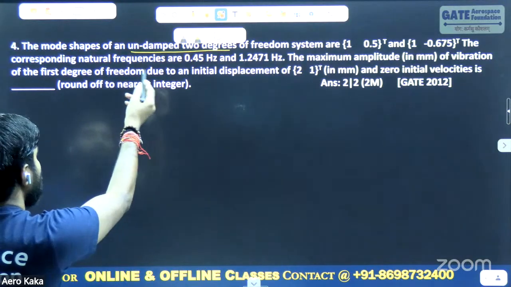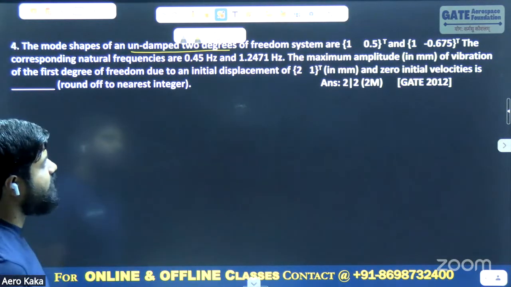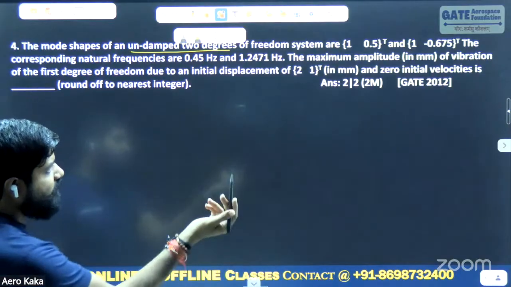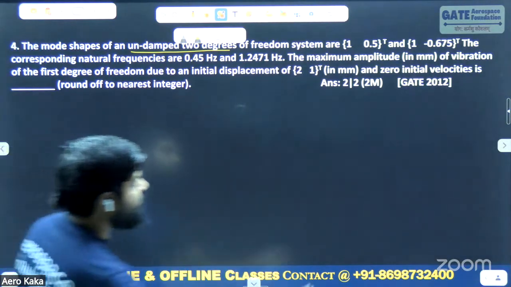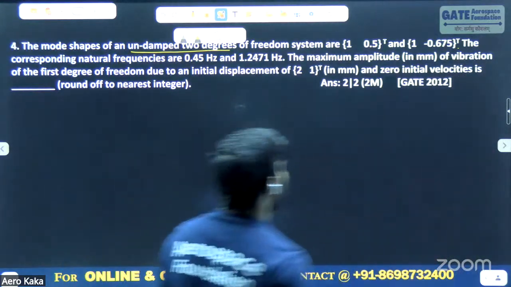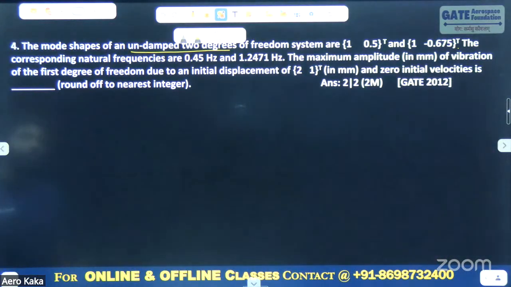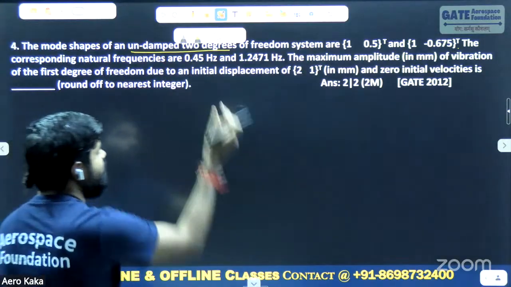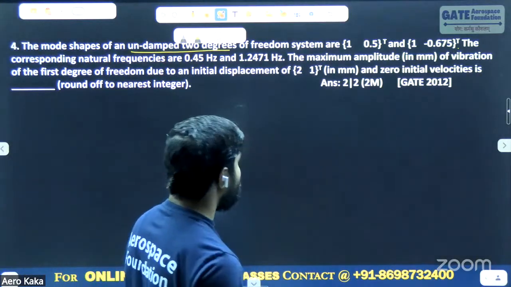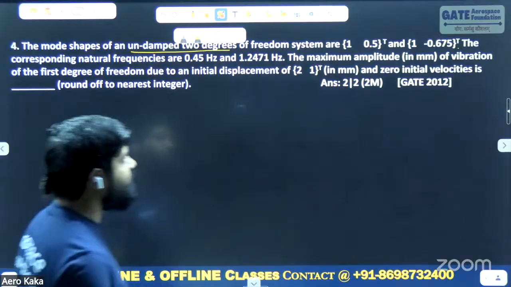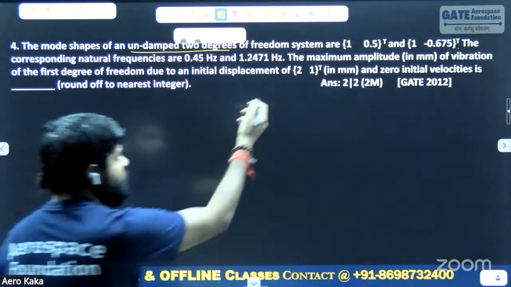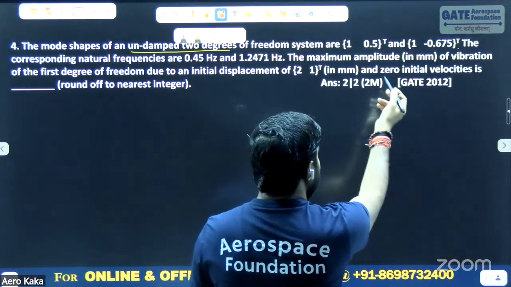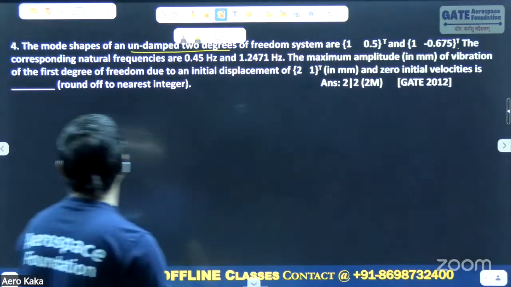The mode shapes of an undamped 2 degree of freedom system are 1, 0.5 and 1, minus 0.675. The corresponding natural frequencies are 0.45 Hertz and 1.247 Hertz. The maximum amplitude in mm of vibration of the first degree of freedom due to initial displacements of 2 and 1 in mm and 0 initial velocities is.